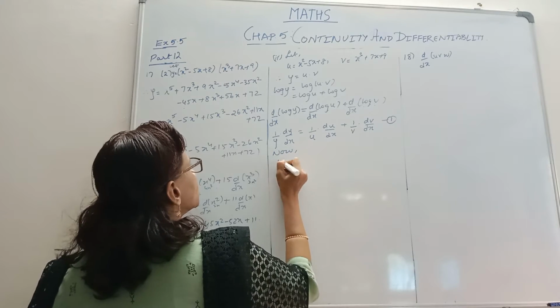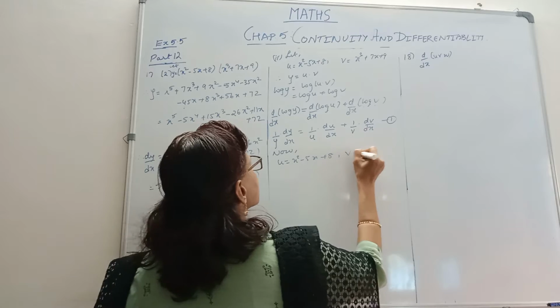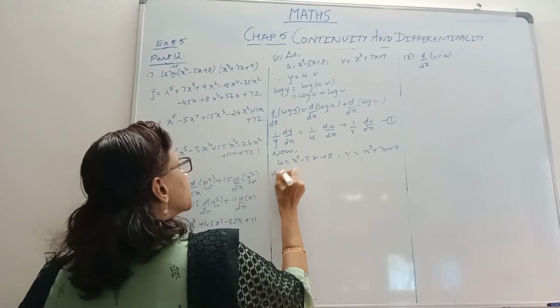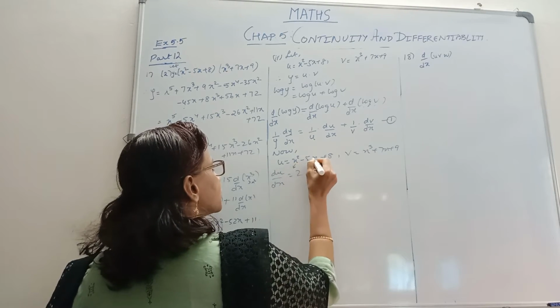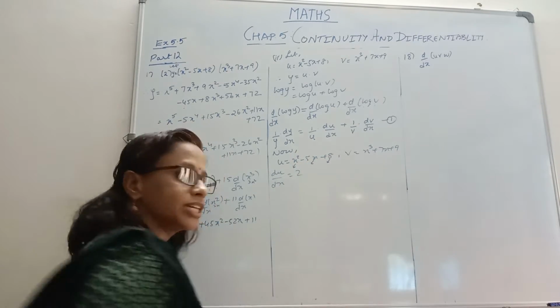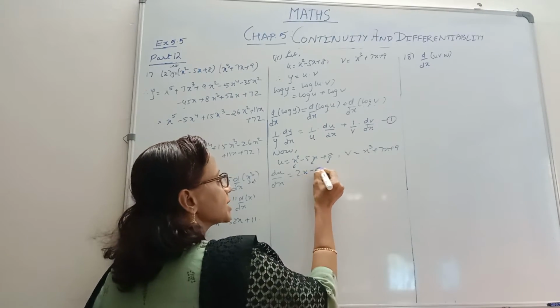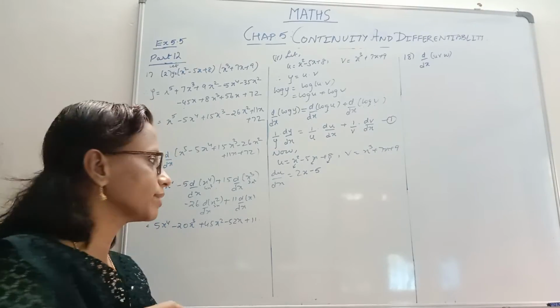Now u, which is x squared minus 5x plus 8, and v, which is x cubed plus 7x plus 9, can give you your du by dx. That will become, see, derivative of this, derivative of this, derivative of this. X squared has derivative 2x, minus 5x has derivative 5 because it is 5 into derivative of x, which is 1, right?